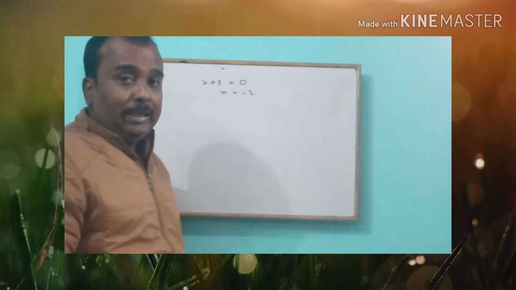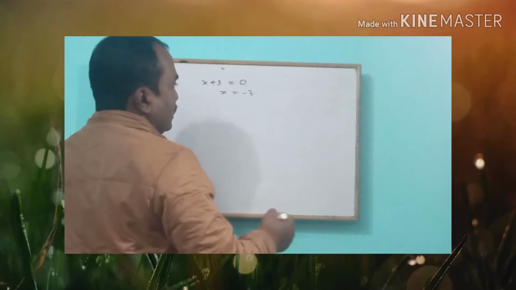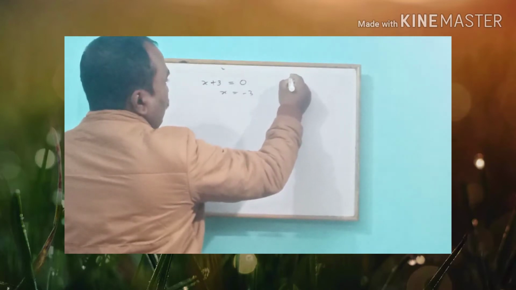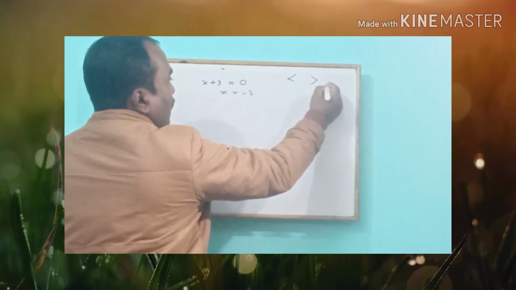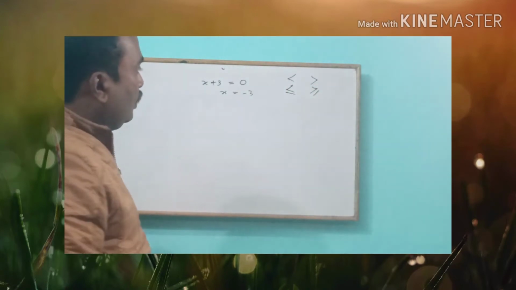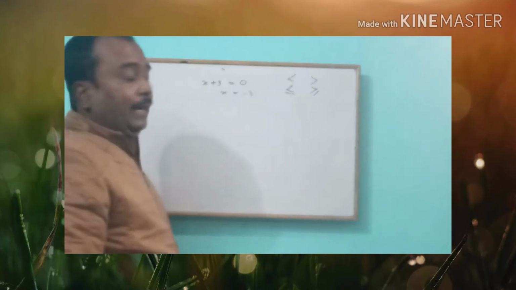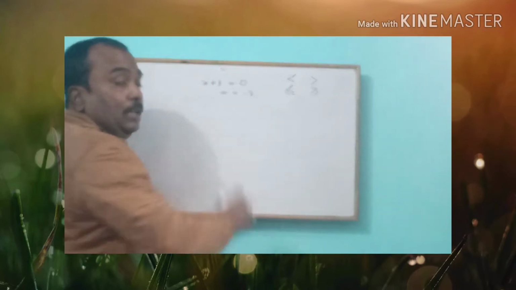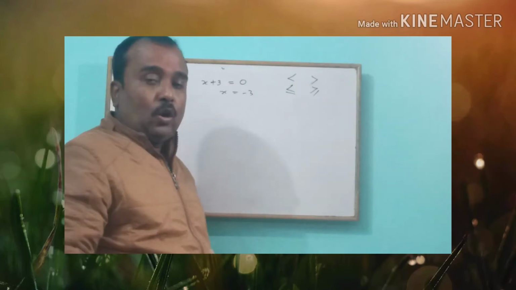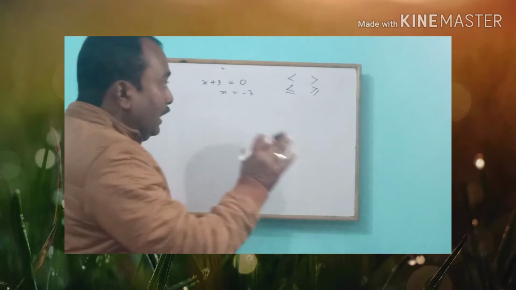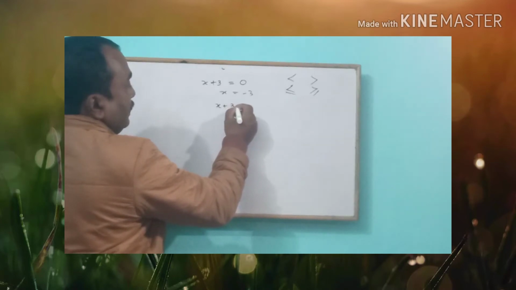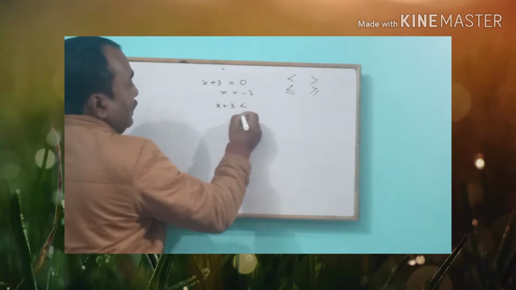Now what we are going to deal with in this video is linear inequations in one variable. Linear inequations in one variable means we have either a less than sign, a greater than sign, a less than or equal to sign, or a greater than or equal to sign. These symbols will be there along with variables and constants. We are supposed to find the values of x, or the range of x, for which a given inequation is satisfied, just like x plus 3 less than 2.